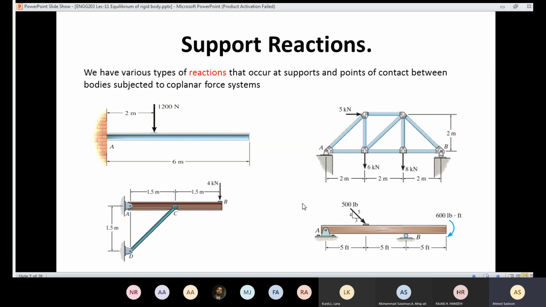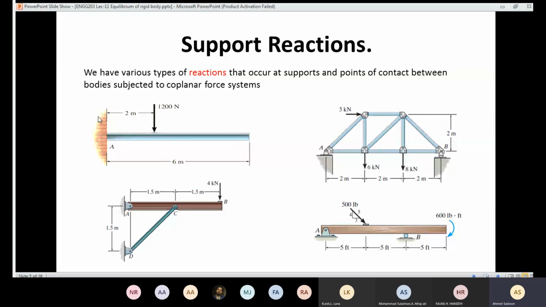So the support reaction is going to provide stability for my rigid body. If the support reaction is going to bring stability for our structures, it means that they have reaction. So if I'm going to fix the beam here into the wall, that means now the wall has reaction. For example, the wall is going to have resistance for rotation.